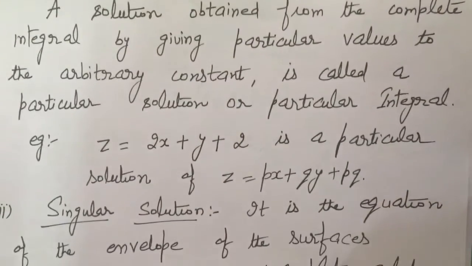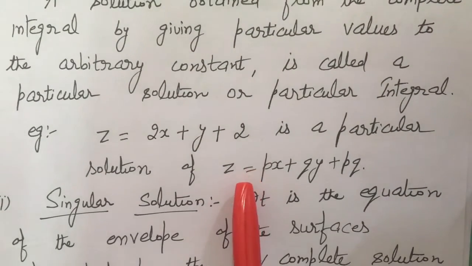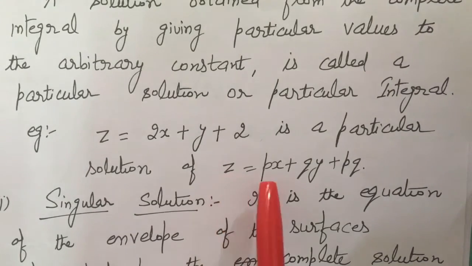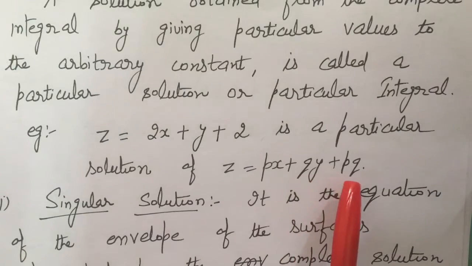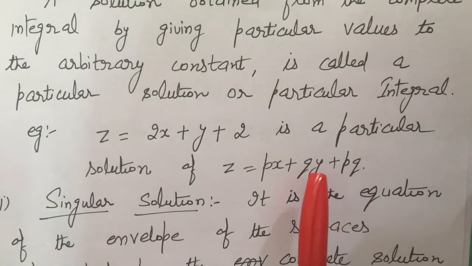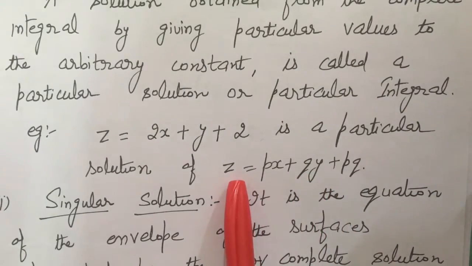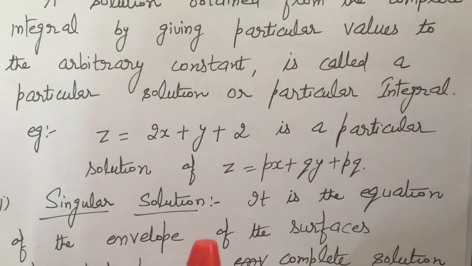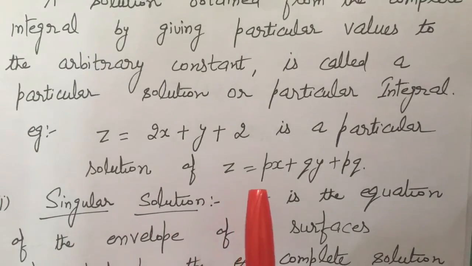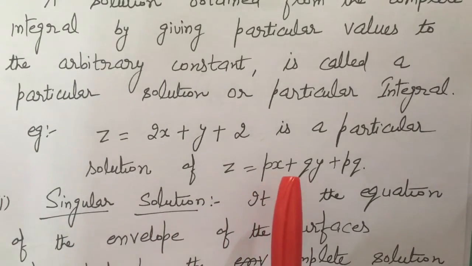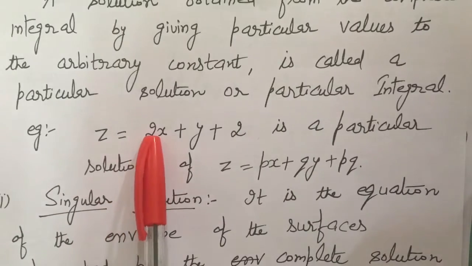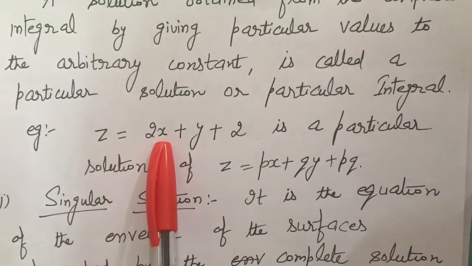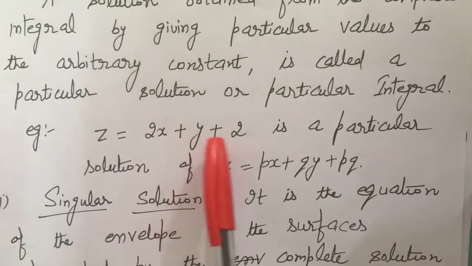For example, in the last example we have discussed that if we have given that PDE is z equals px plus qy plus pq and its complete integral is z equals ax plus by plus ab, and if we give some particular values to those a and b, like if we put a equal to 2 and b equal to 1, then we will get z equals 2x plus 1 into y plus 2 into 1.